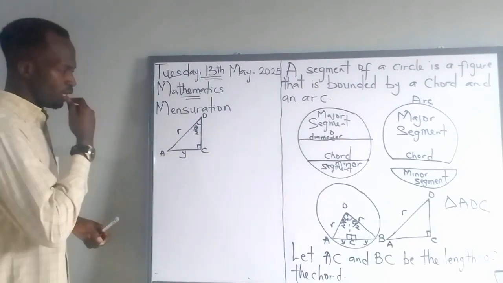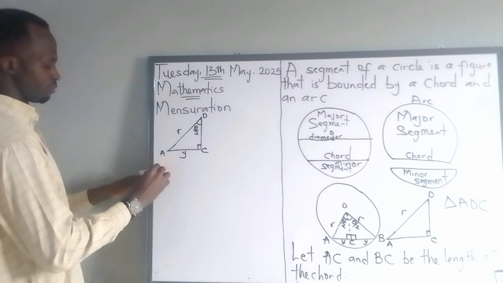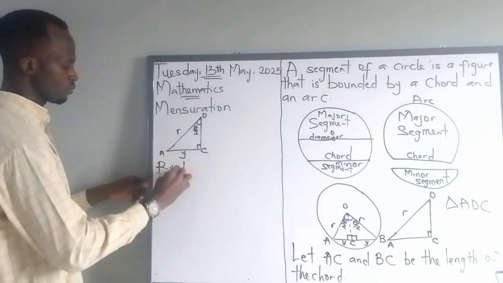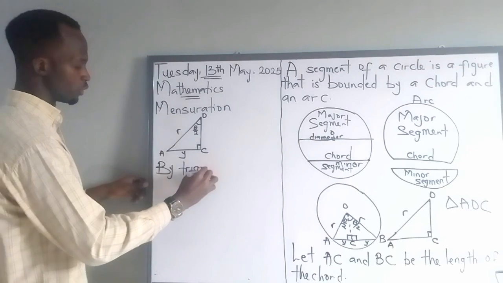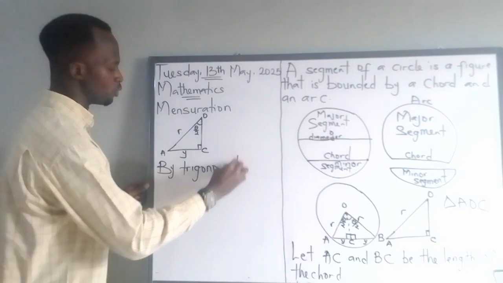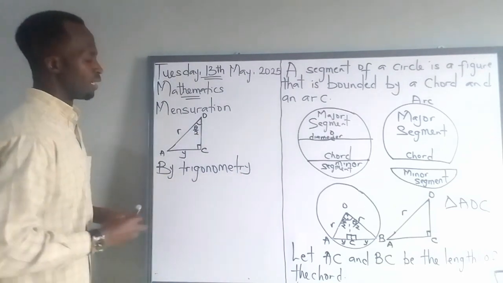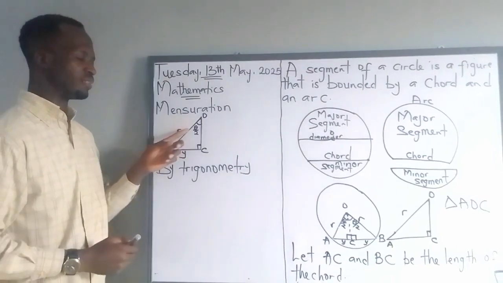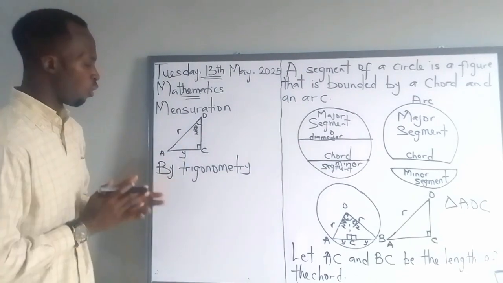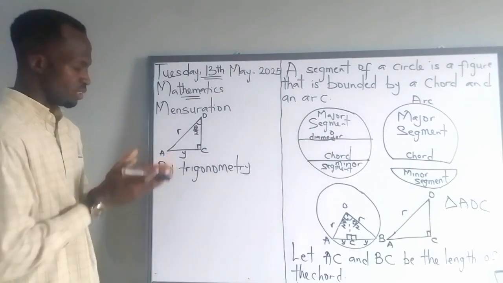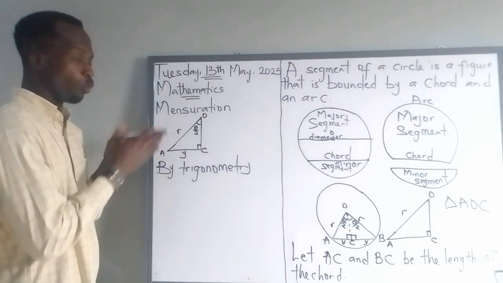Now let's see this. By trigonometry, and we're using trigonometry because this is a right angle triangle. Now the angle at O is theta over 2. So take note of the sides that we have that are known.